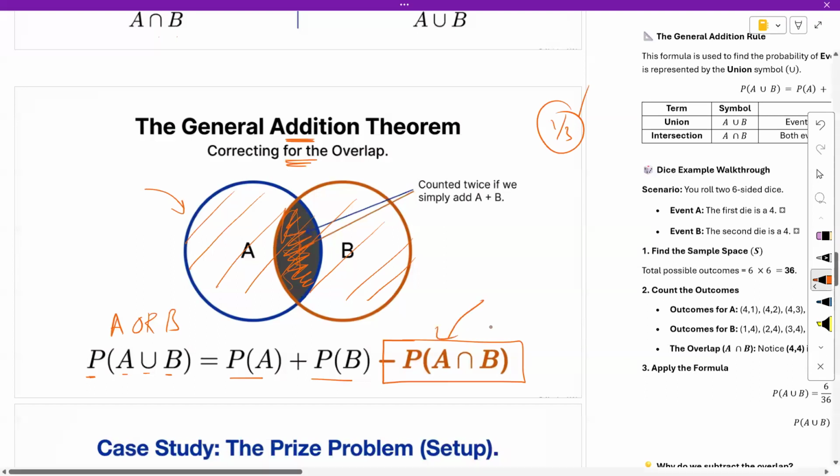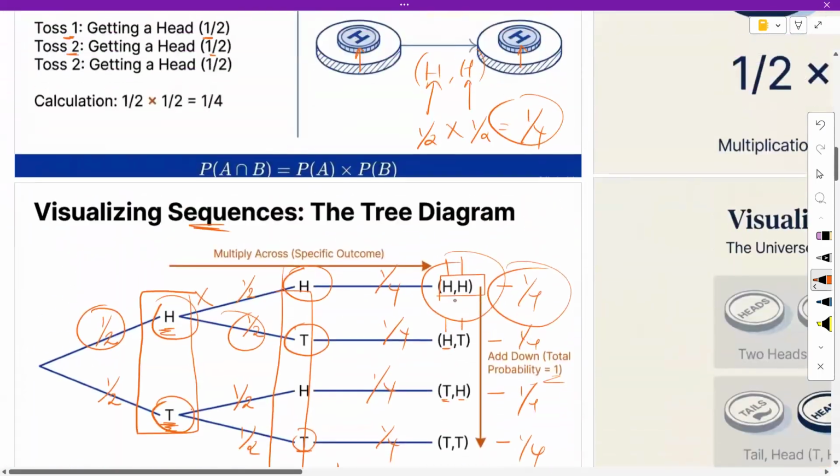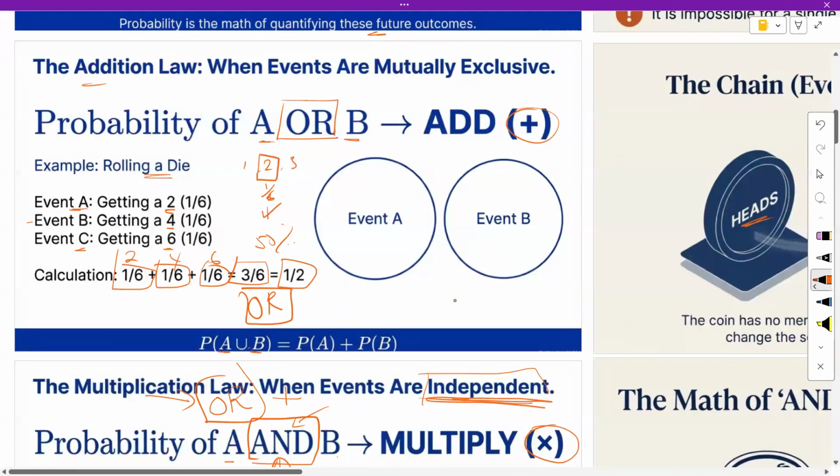Why is that? Because we don't have an intersection. Yes, equal to 0. Here, the same, right? Probability of A union B equals probability of A plus probability of B. Even if you apply probability of A intersection B, it is also right.